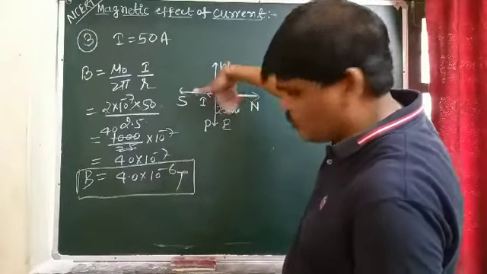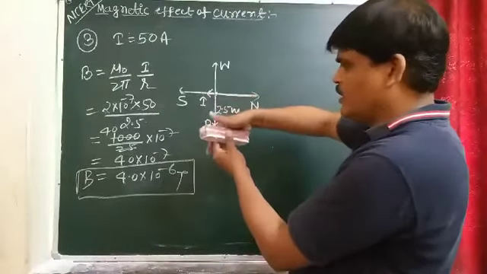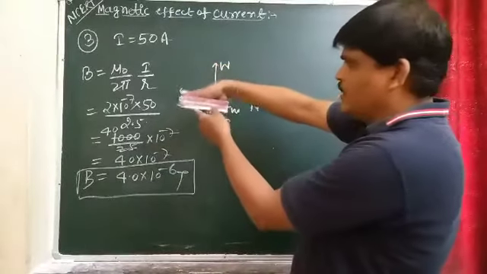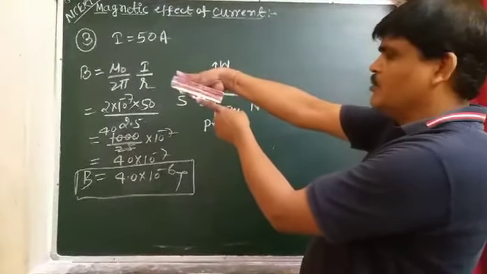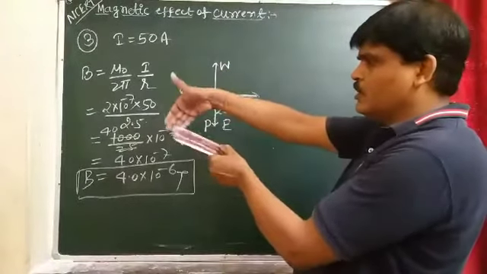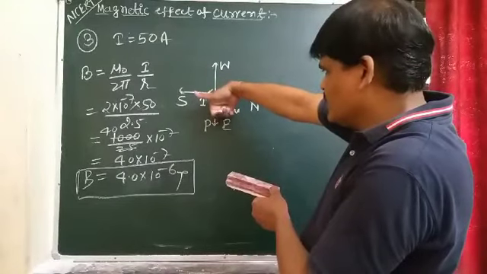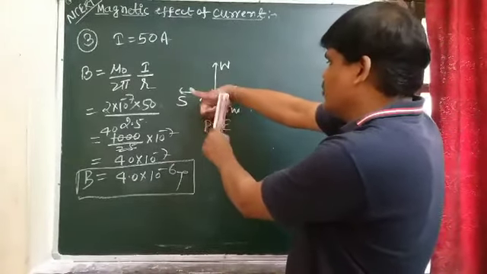Apply the right hand thumb rule to this current carrying straight wire, and this is the direction of the current, and we have to find the direction of the magnetic field. Student, listen carefully. Magnetic field pattern lines are concentric circles. So at this point, we draw a tangent.